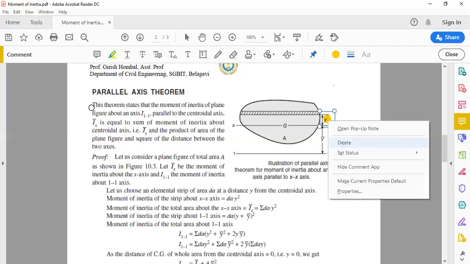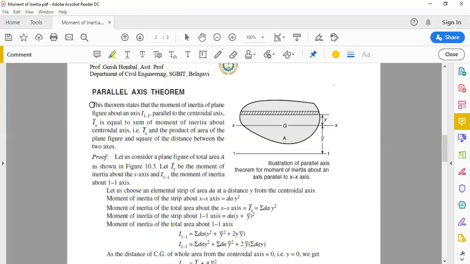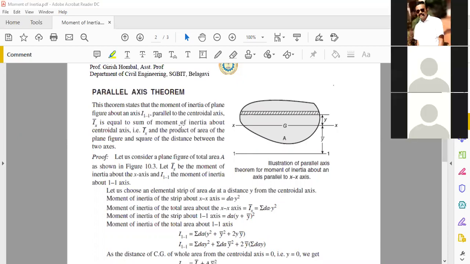This theorem states that the moment of inertia of a plane figure about an axis 1-1, which is parallel to the centroidal axis, is equal to Ixx, the moment of inertia about the centroidal axis, plus the area of this irregular lamina into y bar square.